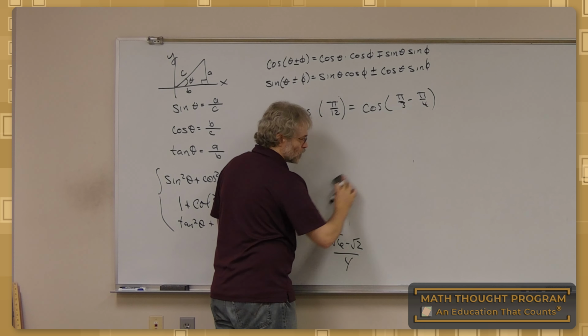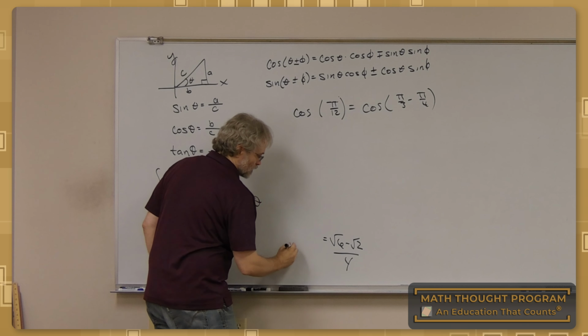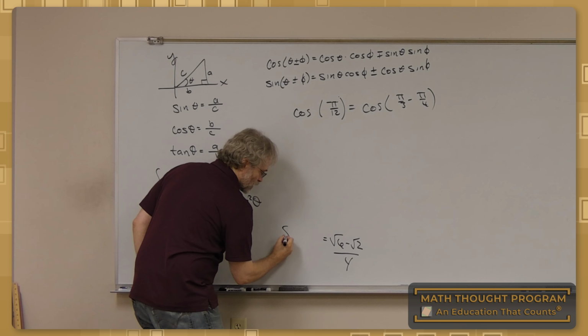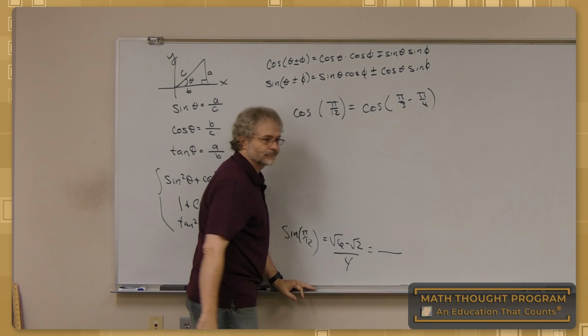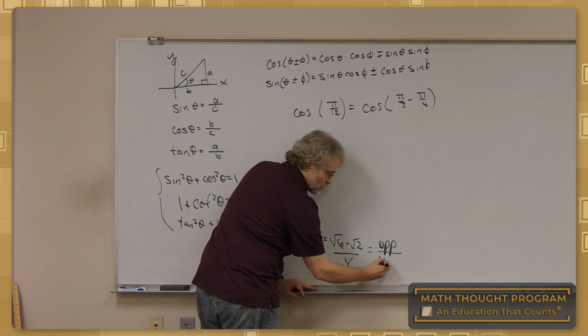The other approach that we could do is, since I know that this is sine at pi over 12, and I know what sine is, opposite over hypotenuse. When I look at the fraction, it's going to be opposite over hypotenuse.